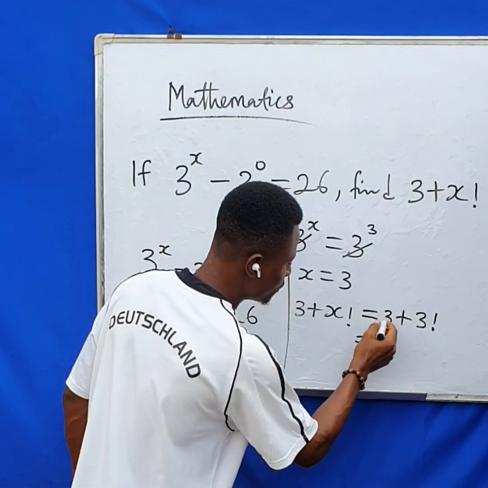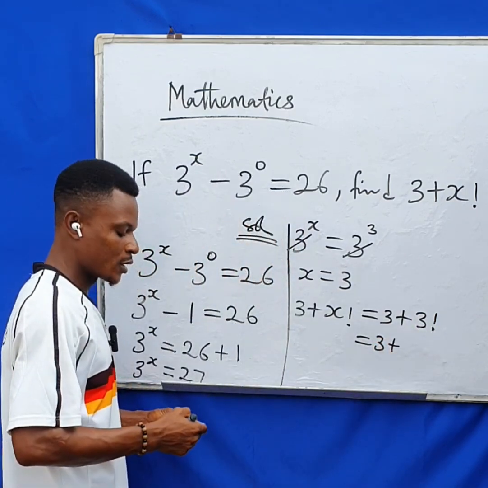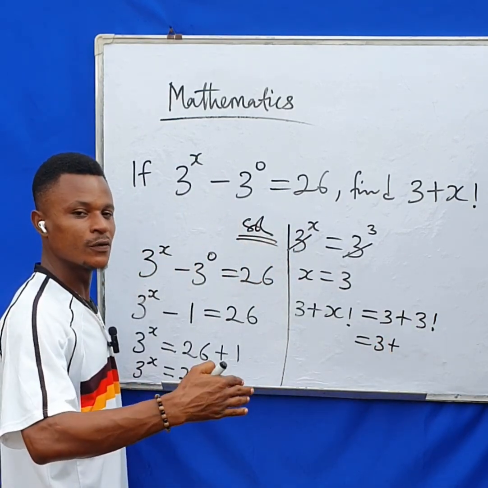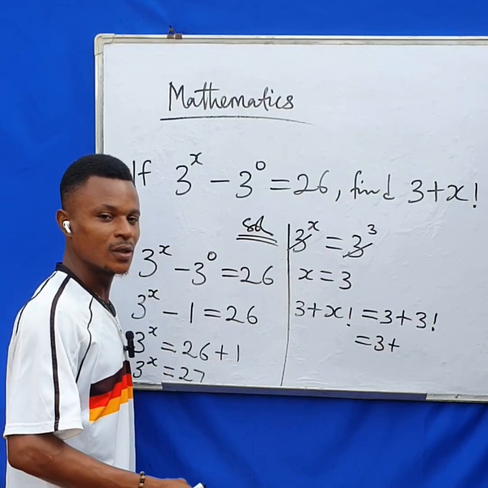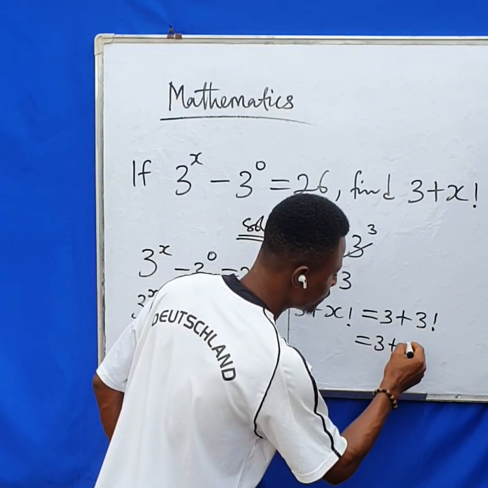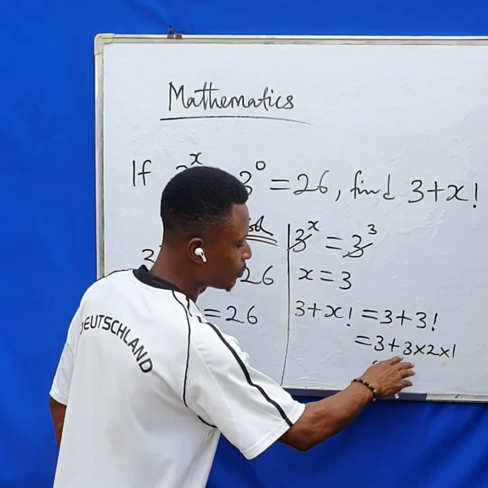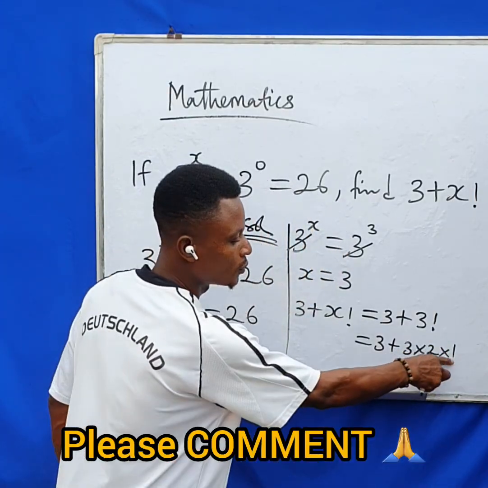Now we have this 3 here plus 3 factorial, which means that 3 should multiply all the positive whole numbers that are below 3 up to 1. Meaning this 3 factorial means 3 times 2 times 1. All the numbers that are below 3 up to 1.